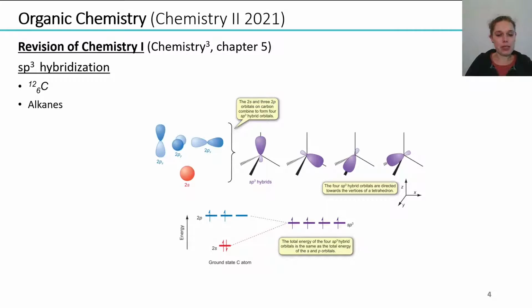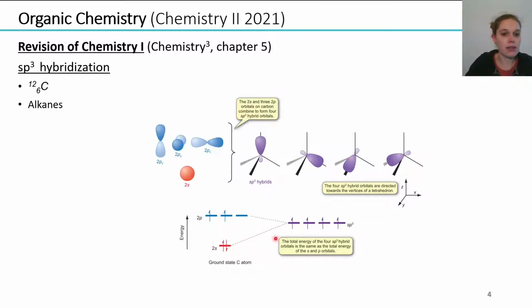If we talk about sp3 hybridization, it is important to remember that it is always a tetrahedral binding situation, so the angle between the different bonds is 109.5 degrees.